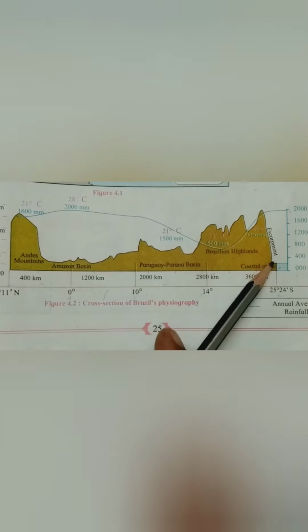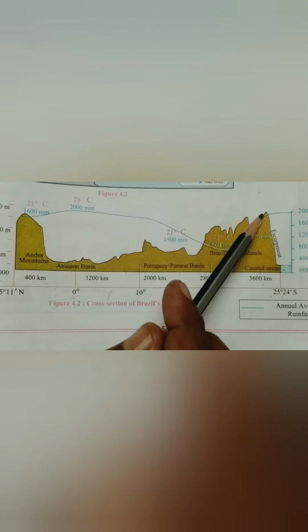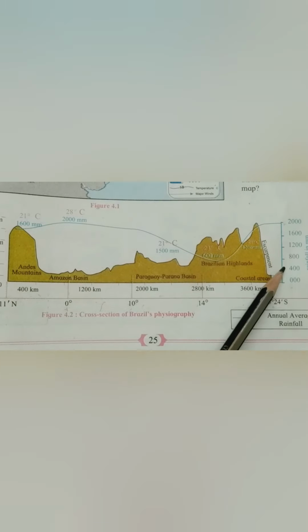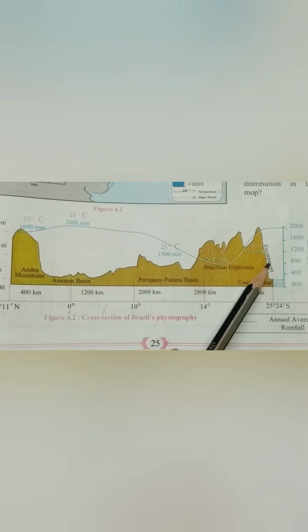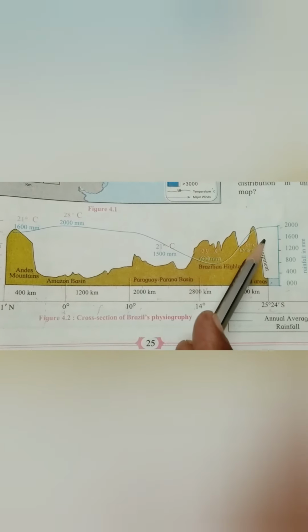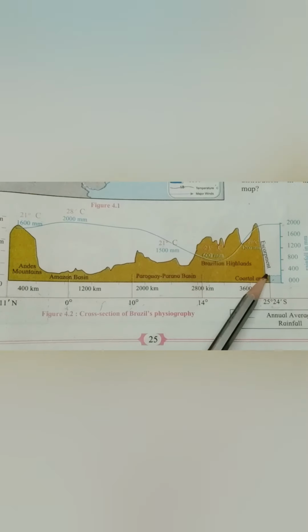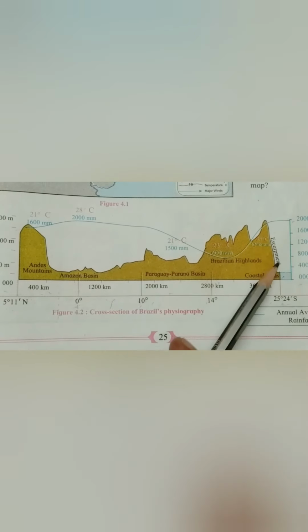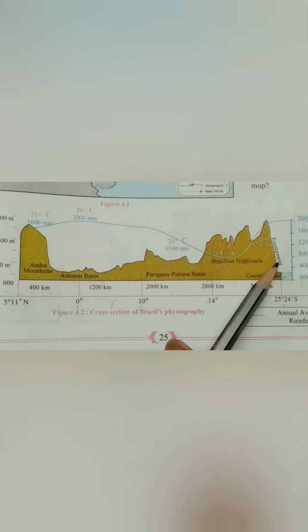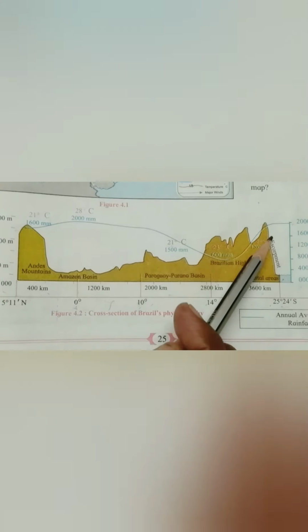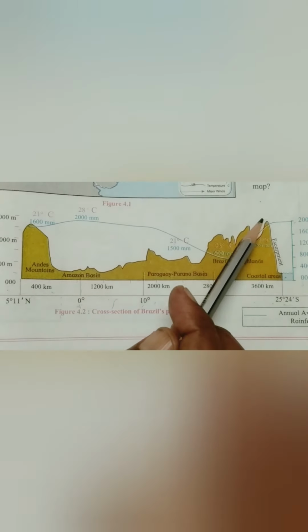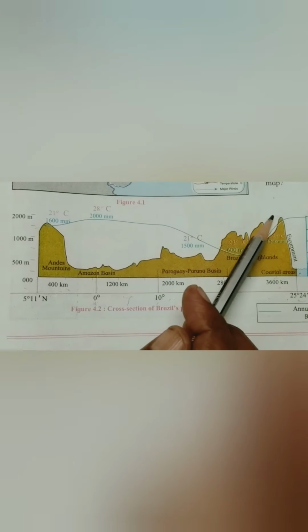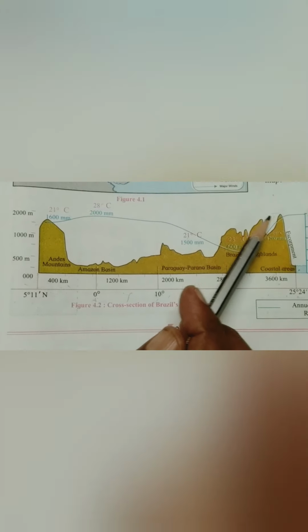So it is like a wall type of structure, and therefore the trade winds bring a lot of moisture. It is blocked over here, and this region receives very heavy rainfall. As the winds go upward, they bring cloud and heavy rainfall in this region.